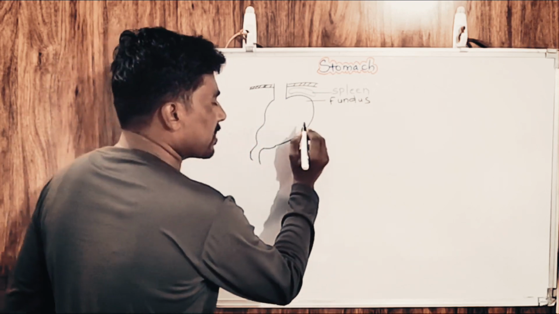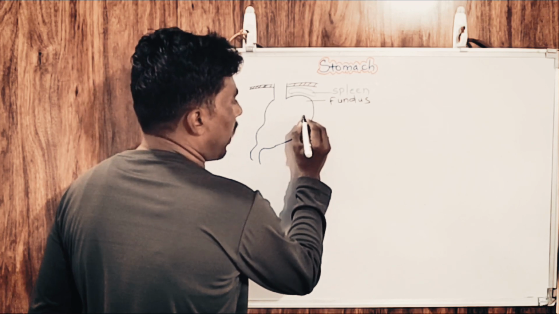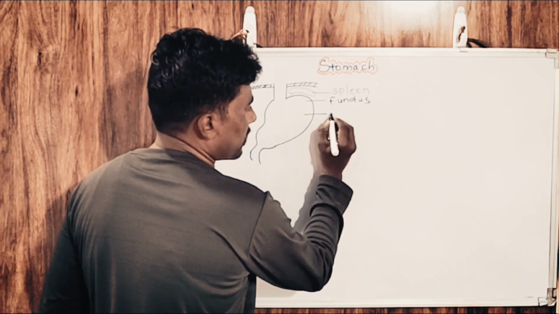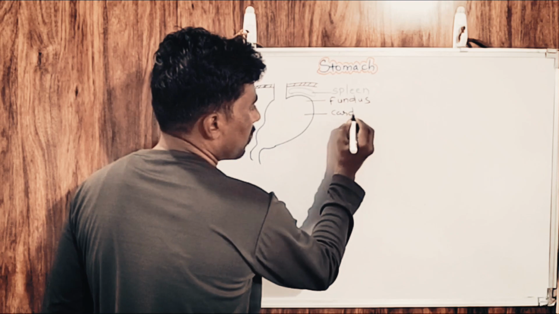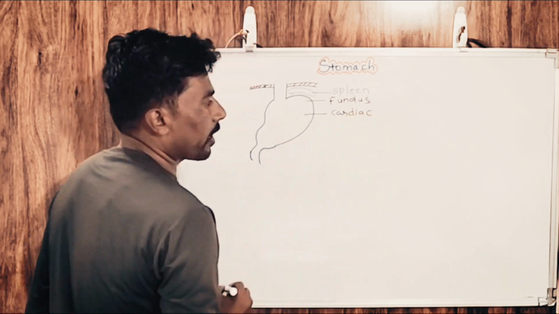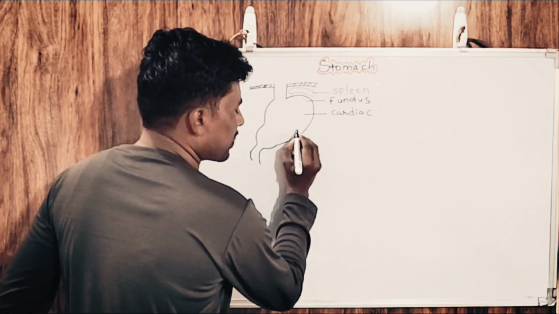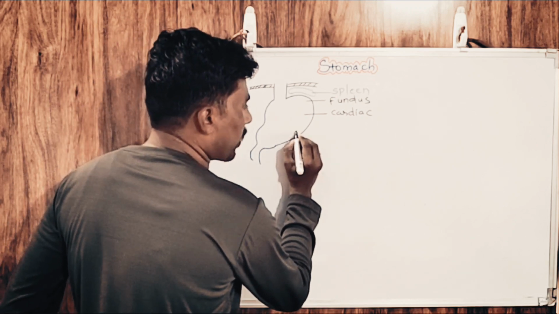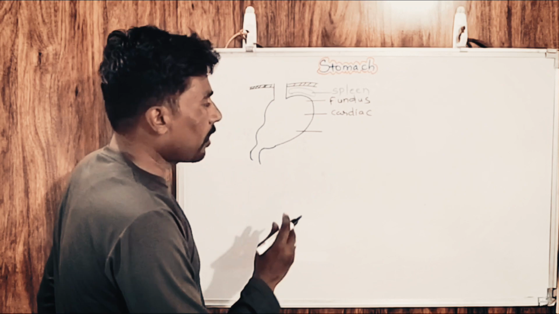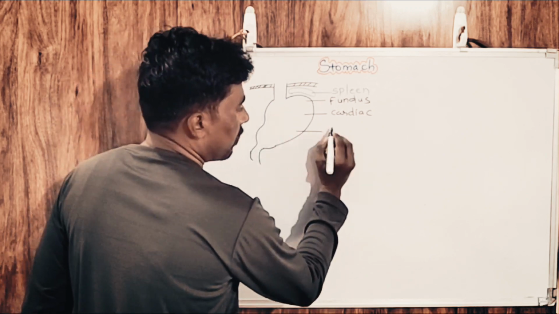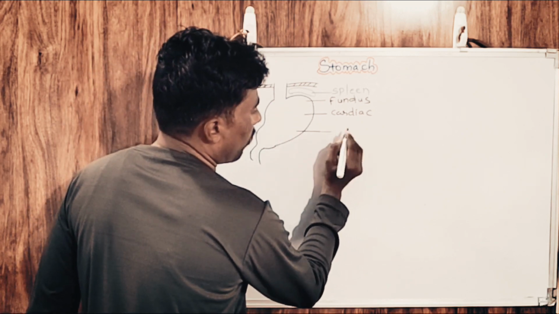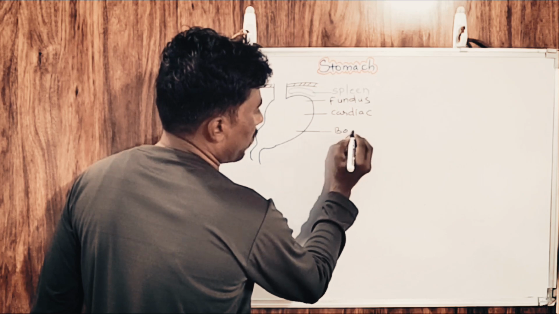Then there is one more part. This part is known as the cardiac. There is a cardiac part. Next to that, there is one more main important part. It is the central part of the stomach, which we call the body of the stomach.